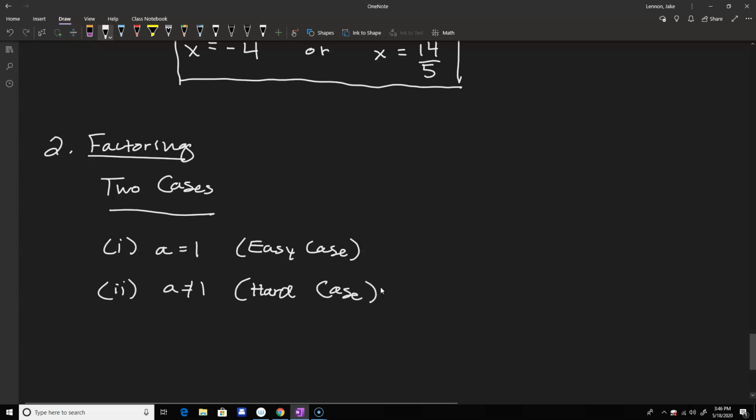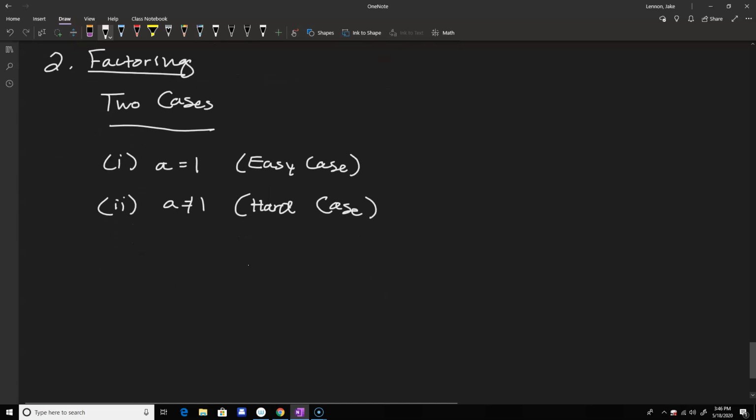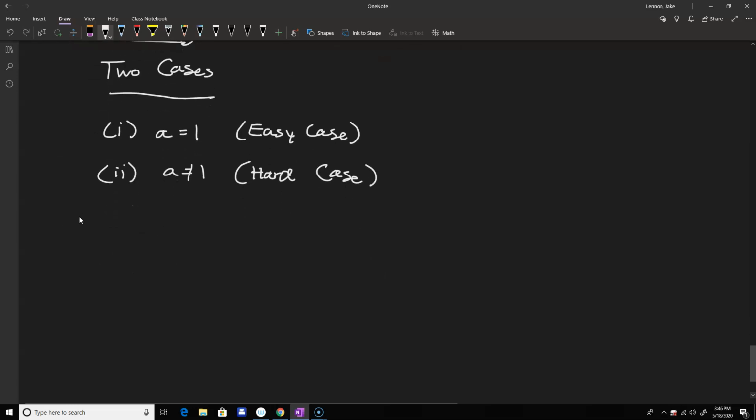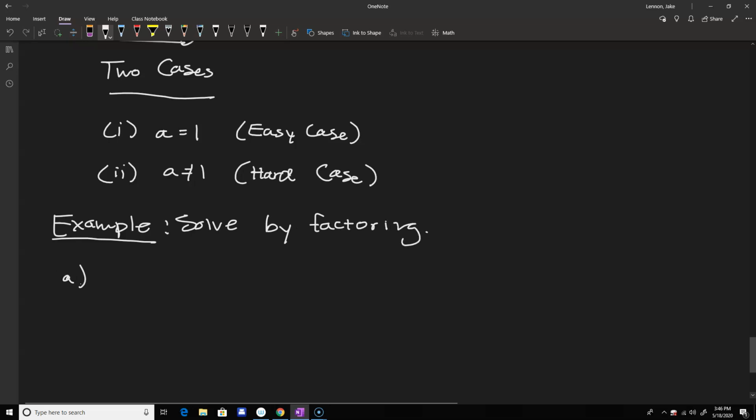And so the technique we'll be using to factor is known as factoring by grouping. So the easy case we'll just learn by doing some examples. So example, we will say solve by factoring. So a, let's suppose we have x squared minus 13x plus 42 equals 0.